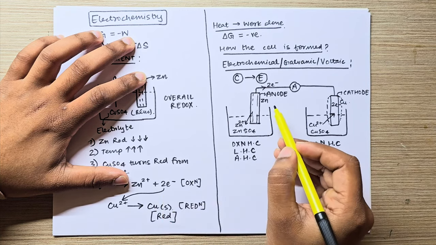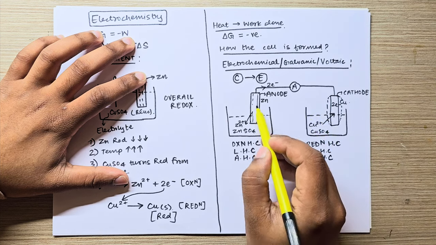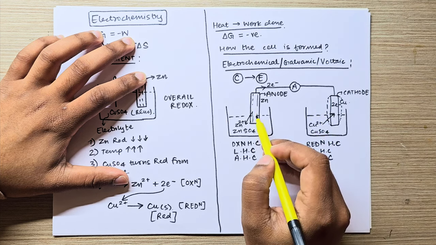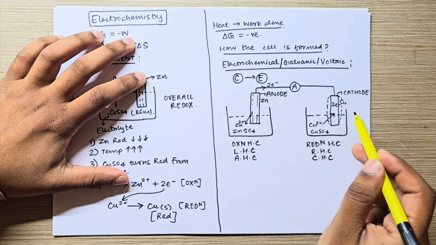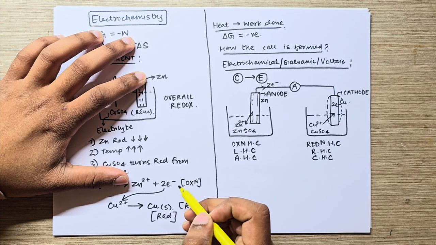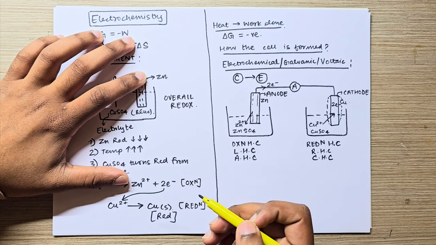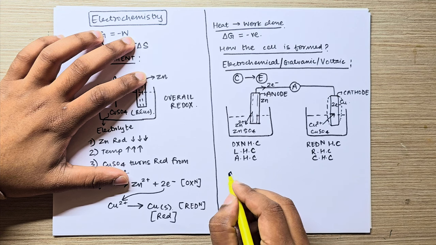After some time, the zinc will become too thin and become zero. So the circuit will not be complete, and after some time the cell will stop. To maintain this situation, a salt bridge is taken.